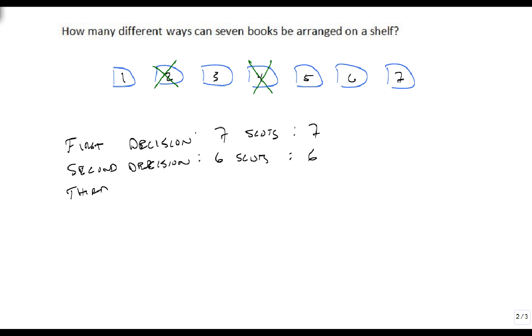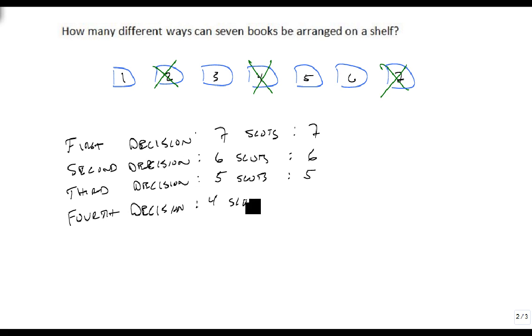Our third decision, there's 1, 2, 3, 4, 5 slots, and yes, there is a faster way of doing this. And so let's suppose that we pick the last one for that book. And for the fourth decision, you'll notice that there's 1, 2, 3, 4 slots, which means there's 4 possible choices.